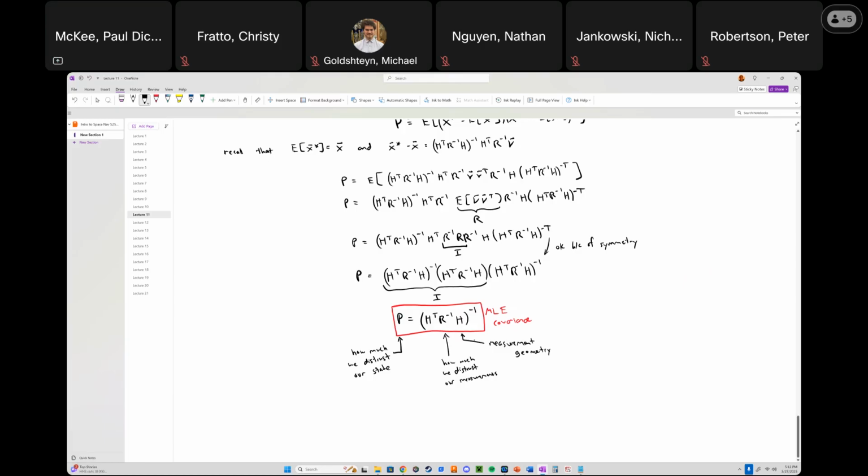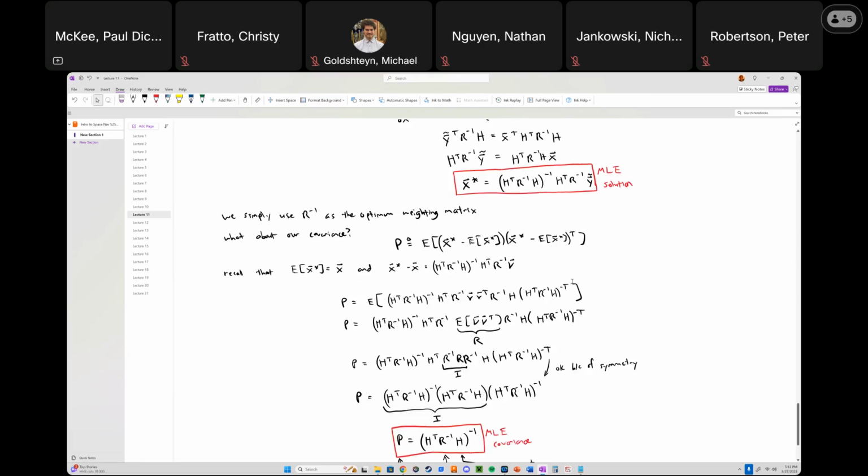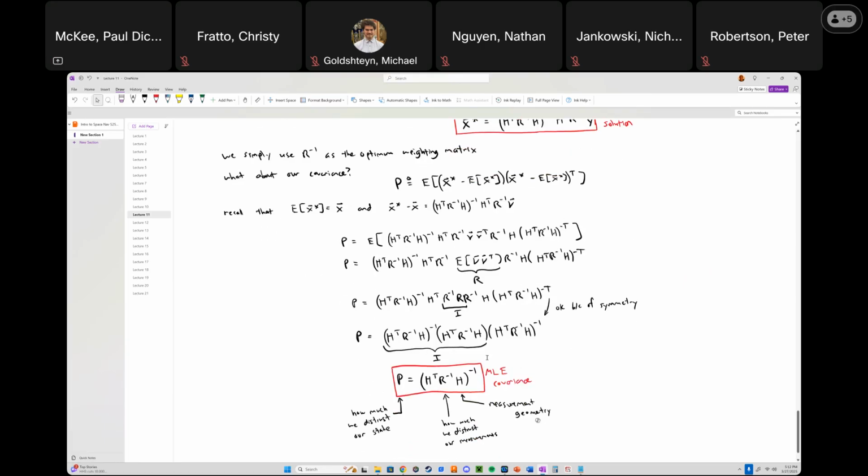I've heard of H referred to as the measurement geometry matrix, or sometimes as the measurement sensitivity matrix. But when we actually set up our equations, H is typically your beacon locations or your line of sight directions, something about the geometry, like the vector math of where you are in relationship to the things that you're measuring, is H. Right?